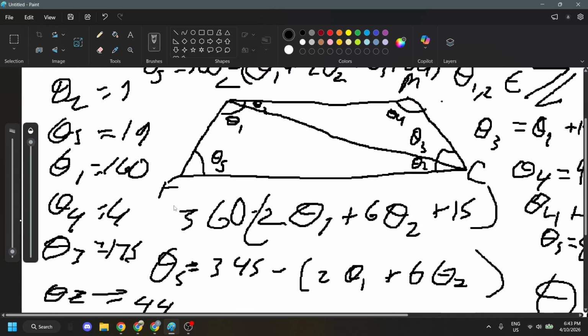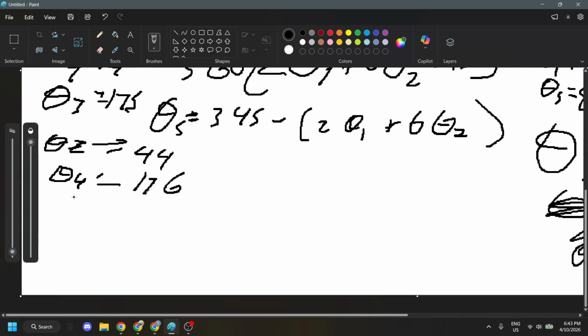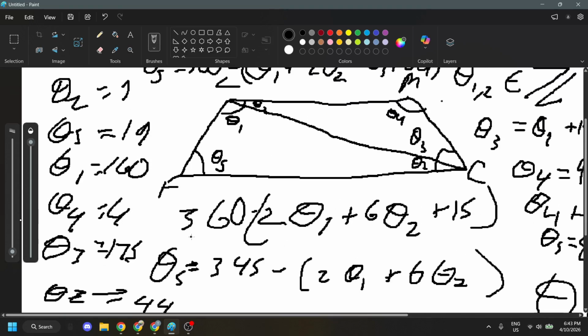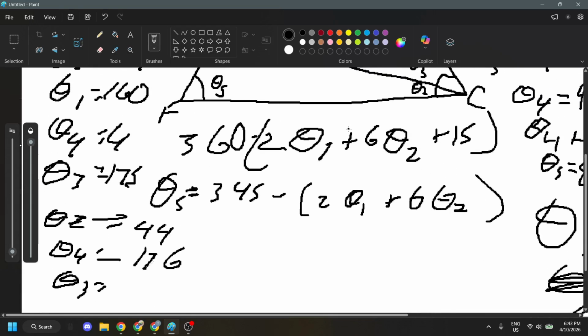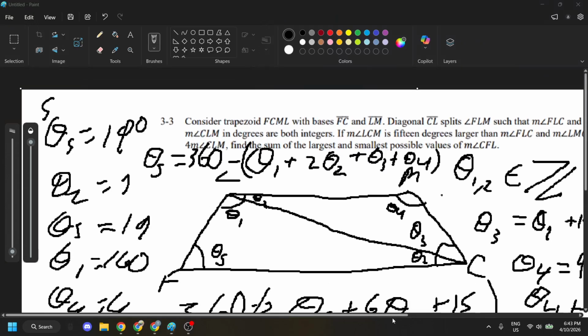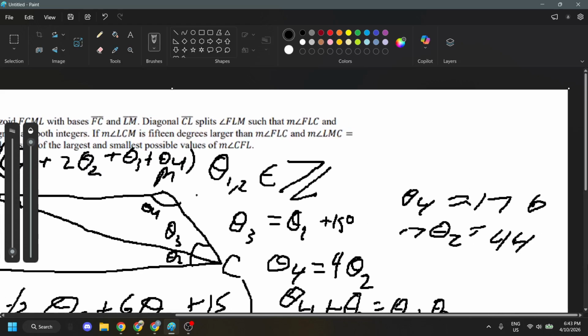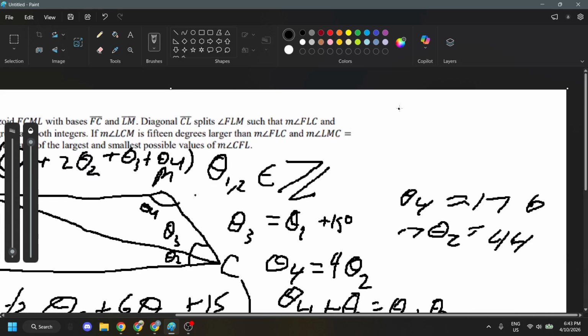That makes theta 3 equal to... No, because theta 2 and theta 4 have to be less than 180. So we should make them as close as possible to 180. So theta 2 plus theta 4 should equal, what, 179? Or as close as we can get. Should be less than 180.